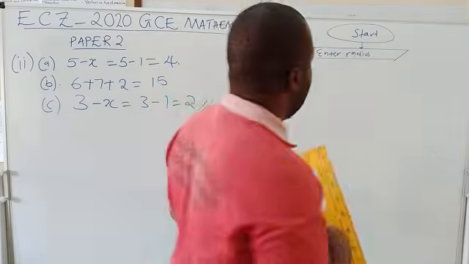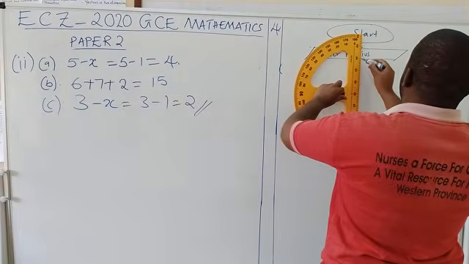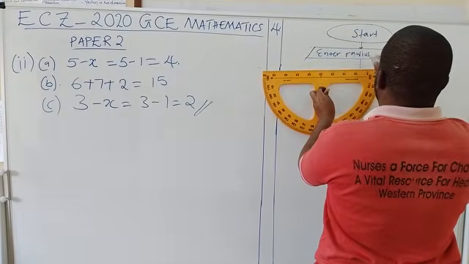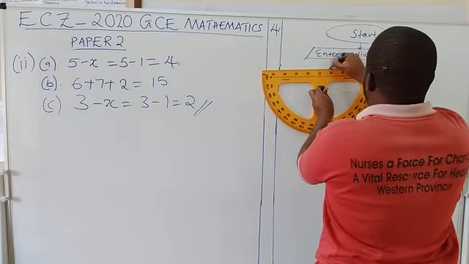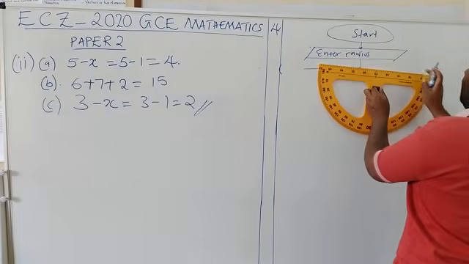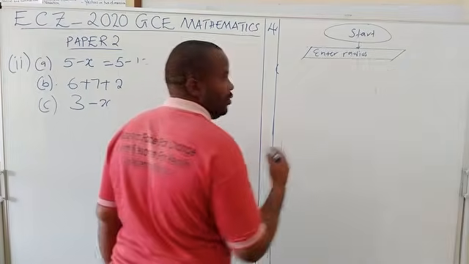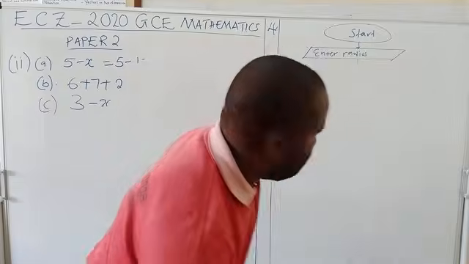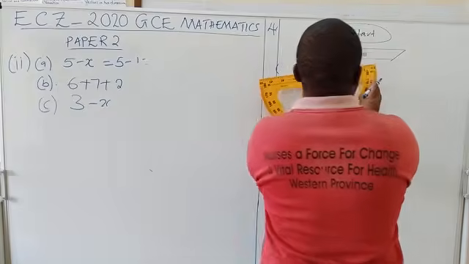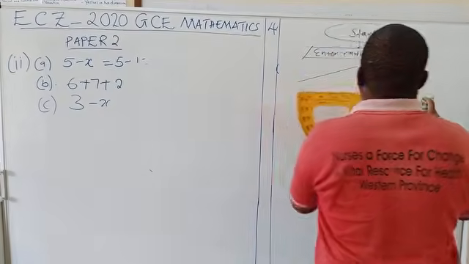So we'll say, okay, let me bring my arrow. Then you put a diamond here. Take note what we do.